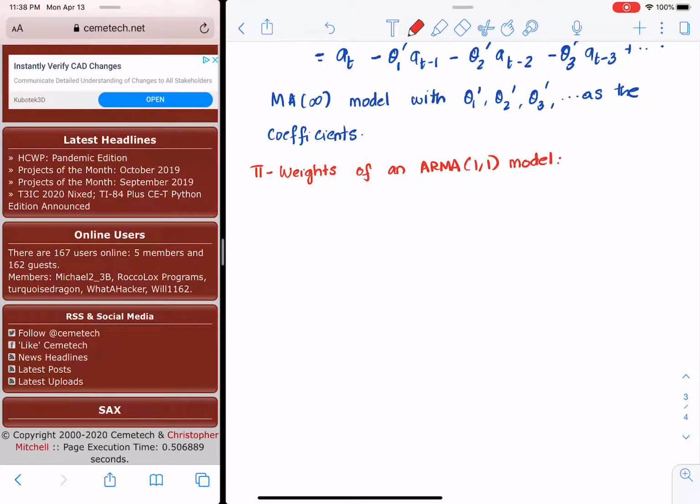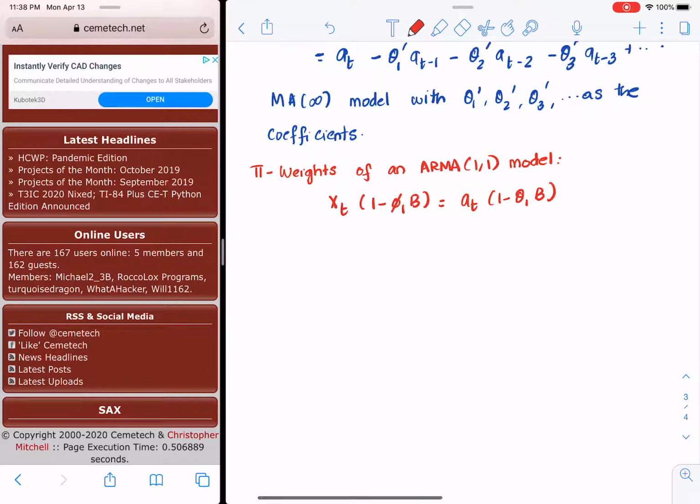So we have the original model, x sub t, which is (1 minus phi1 B) x_t equals (1 minus theta1 B) a sub t.